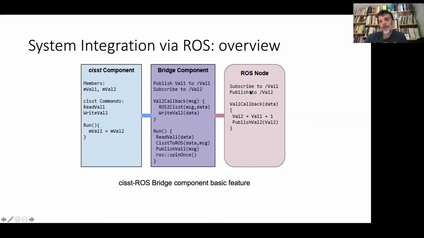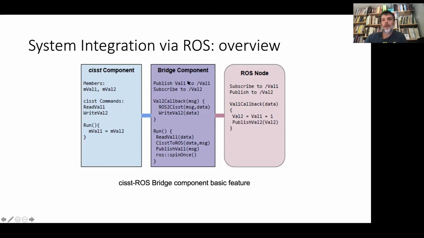When I publish to val2 from the ROS node, what gets triggered is the val2 callback here. And here again, we have to convert the data, this time from ROS to cisst. And then I'm going to call the write val2 command that is available in my cisst component on the left side. All of that is completely thread safe.